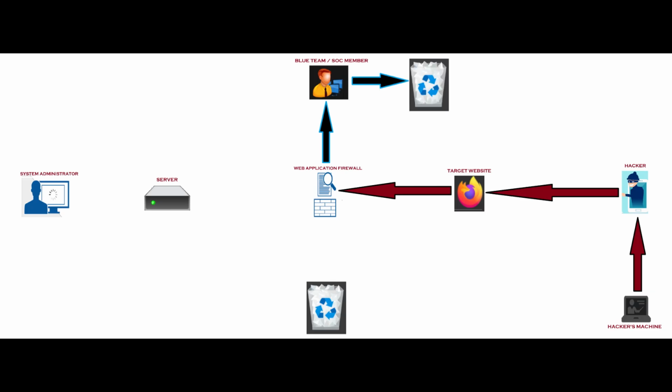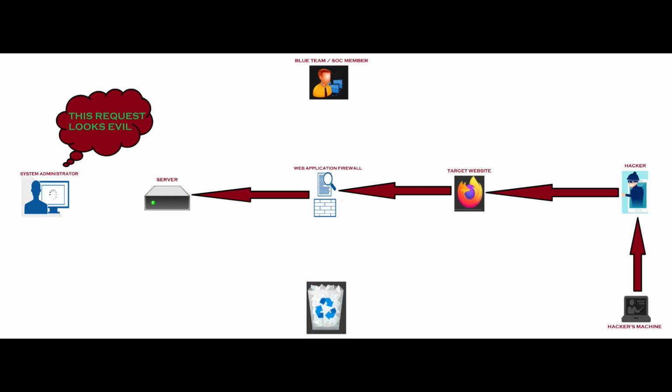In this case, the firewall detects that it's a malicious payload and rejects it as a result. Seeing that their payload has been rejected, the hacker tries again, tweaking their payload to attempt to bypass the firewall. This time, the firewall isn't sure whether or not the payload is malicious, so it gets flagged for manual review. When the payload is reviewed, the person reviewing it notices that it is definitely malicious and rejects it as a result.